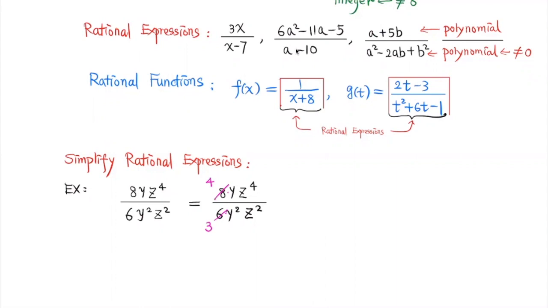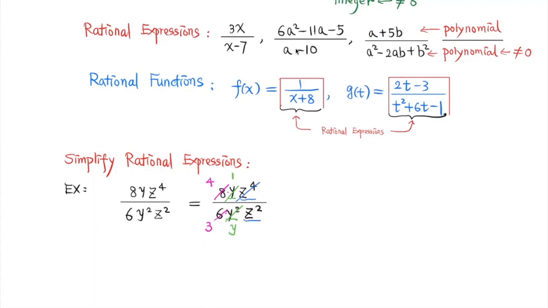Now for the y, we have y and y². The common factor will be y. So divide by y up and down, we get 1 on top and y down here. Now for z⁴ and z², the greatest common factor will be z². So we're going to divide by z² up and down.